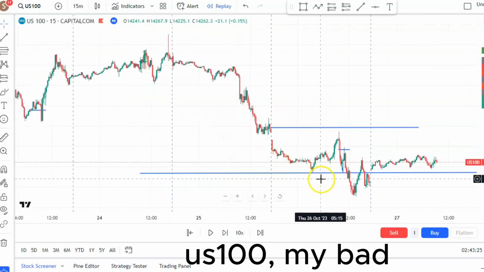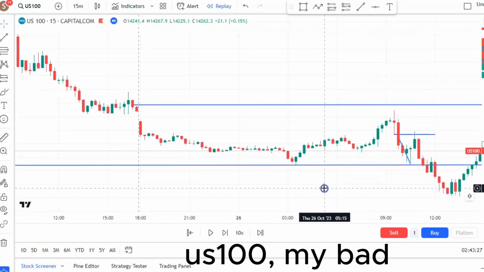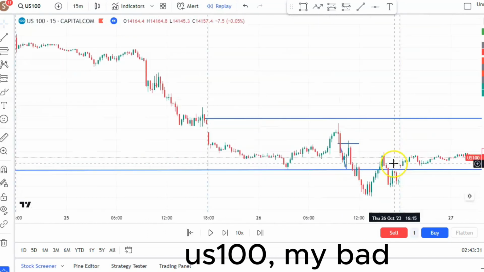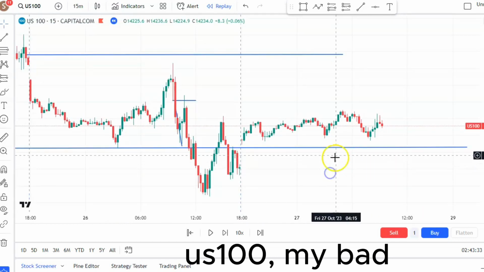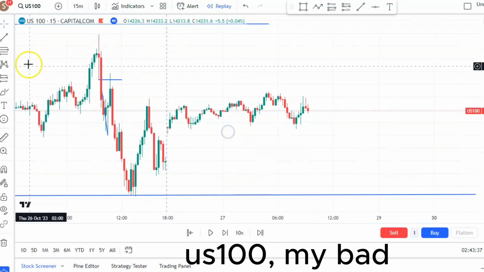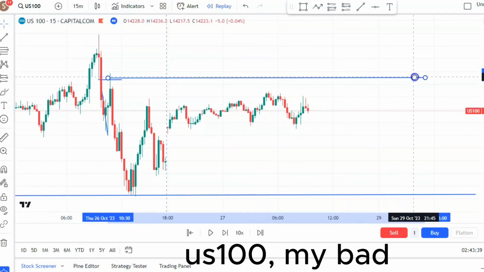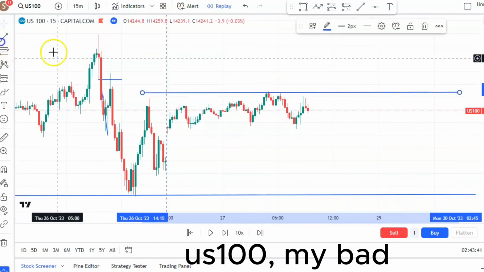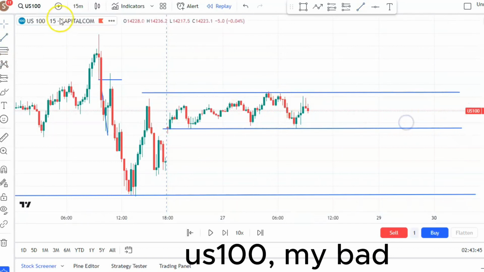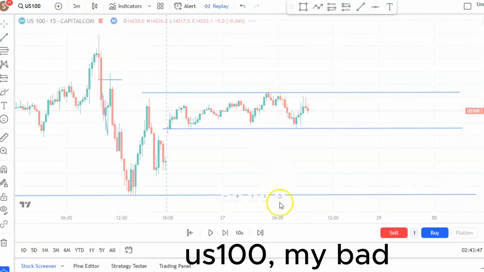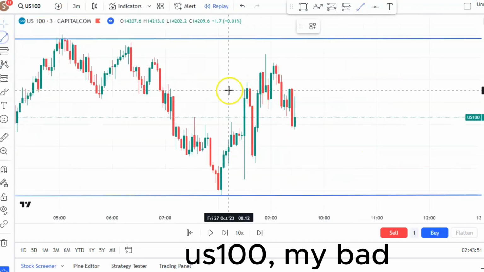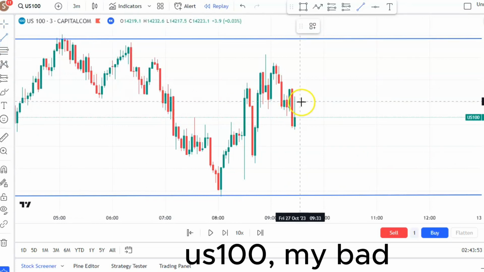All right, so now if we look at Thursday, it closes outside of the previous day's low. So I'm still looking to sell. I have no signal to buy. So we have our high of the day there, our low of the day. Then where do we have our most recent breakout?